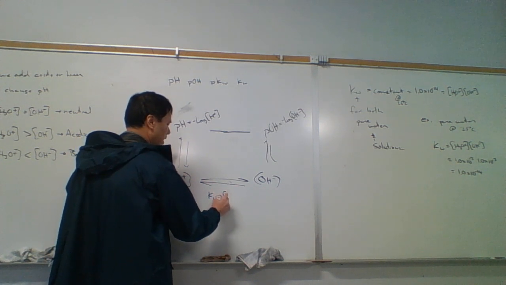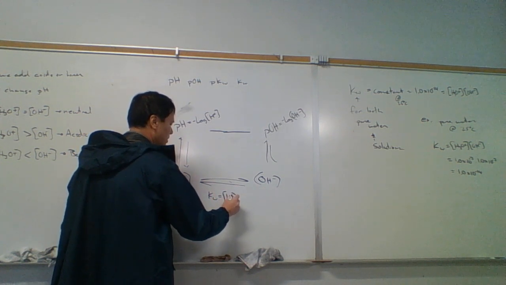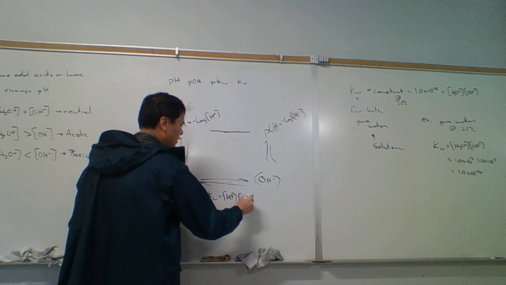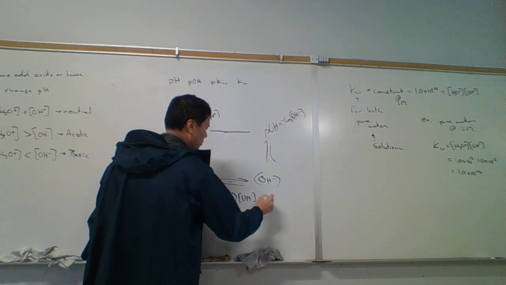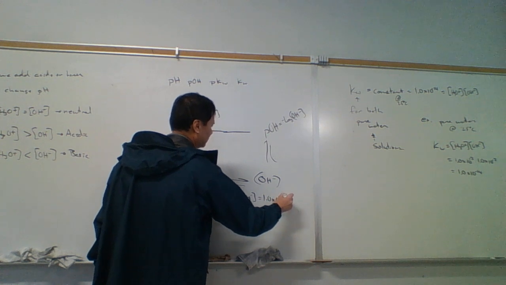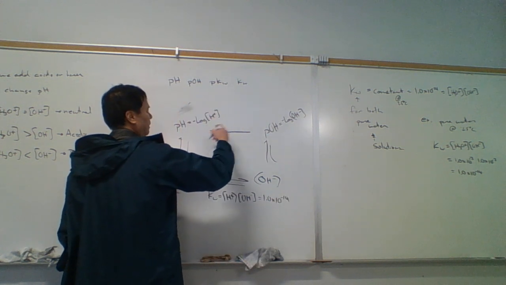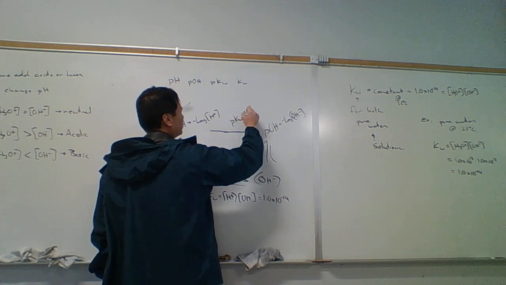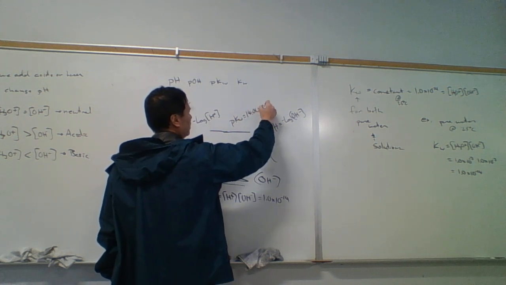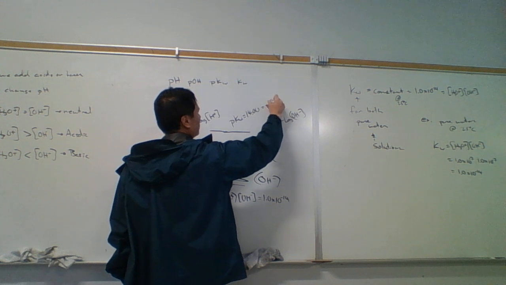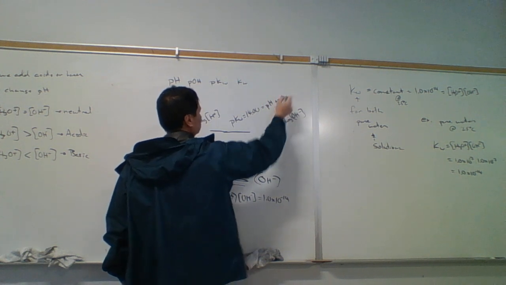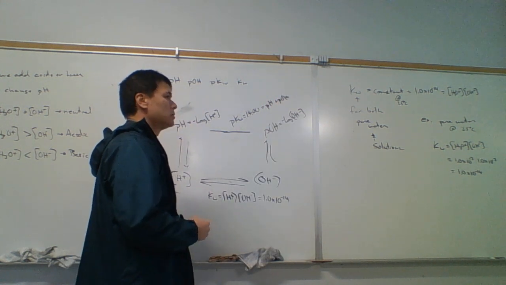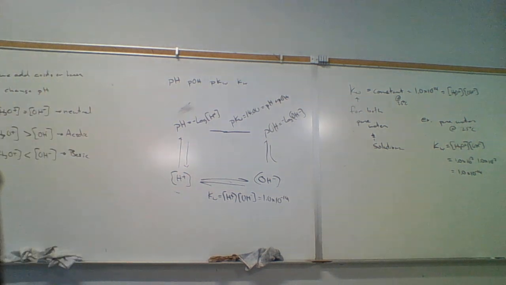Kw is equal to the hydronium ion concentration, the H plus concentration, times the hydroxide ion concentration, which equals 1.0 times 10 to the minus 14. A pH and pOH can be related by something called pKw. pKw is equal to 14.00, which is equal to the pH plus the pOH. And so these are the calculations that we will encounter here. So let's take a look at these calculations.